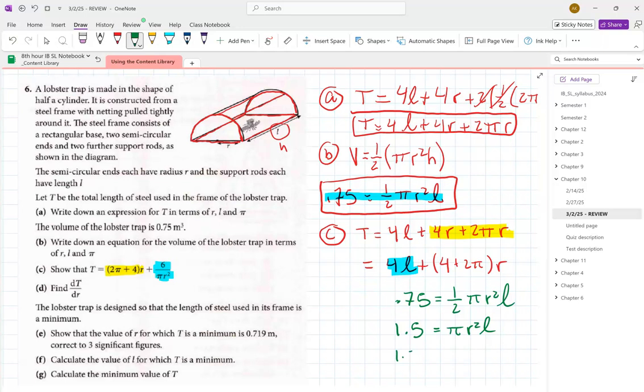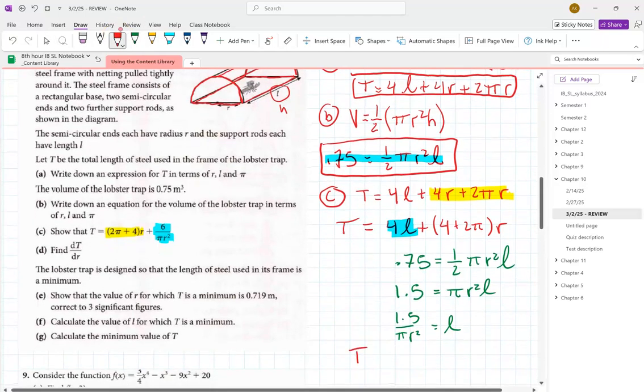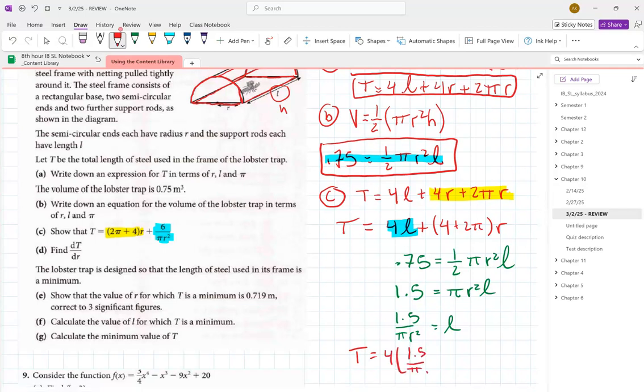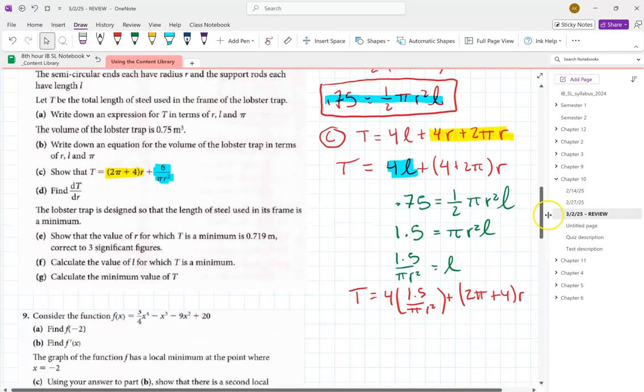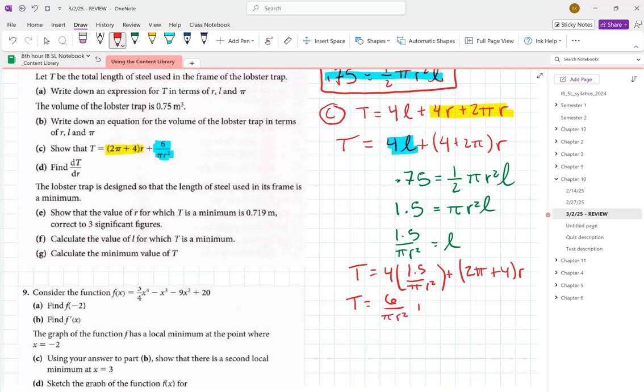And then I'll divide by pi r squared. And then I'll go ahead and substitute this in. And when I multiply 4 times 1.5, that gives me the 6. And I'm super excited because that's exactly what we needed.